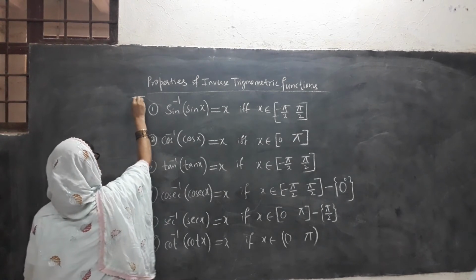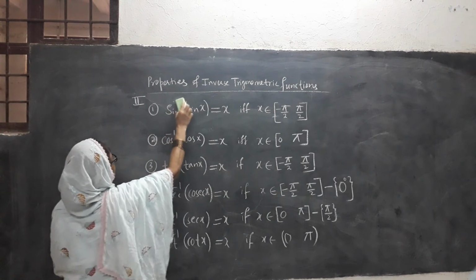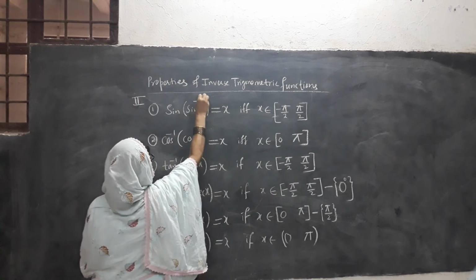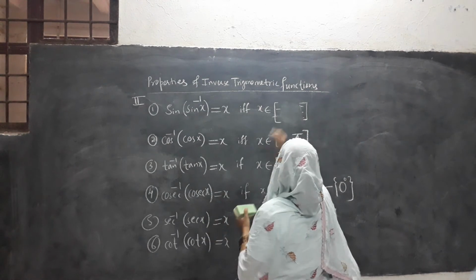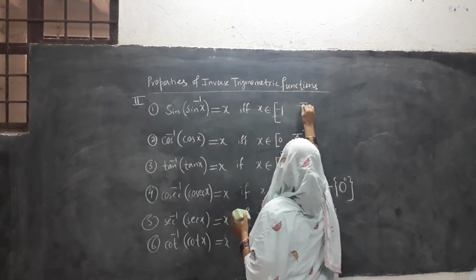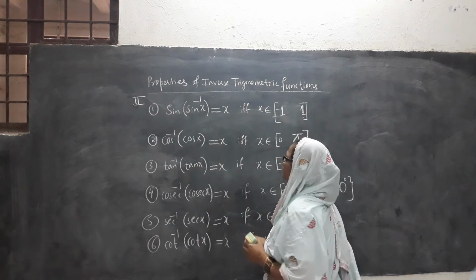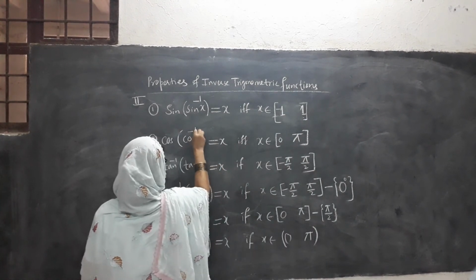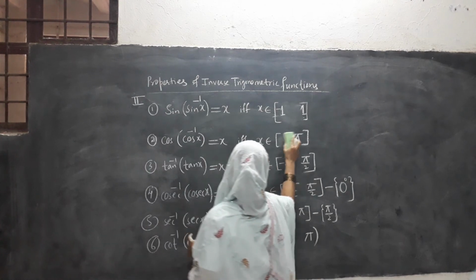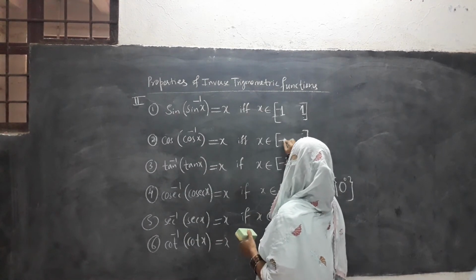Then the second type, sine of sine inverse x, where x belongs to minus 1 to plus 1. Cos of cos inverse x is directly x, where x belongs again to minus 1 to plus 1.